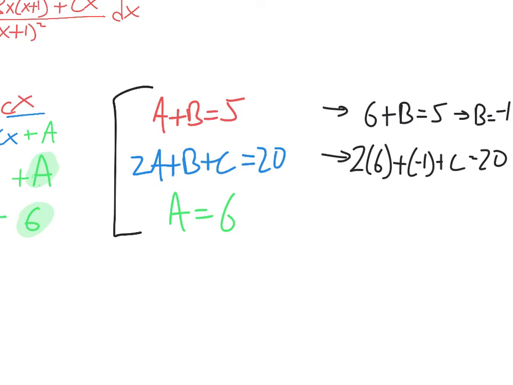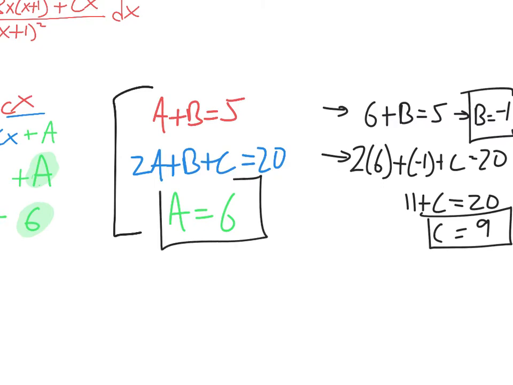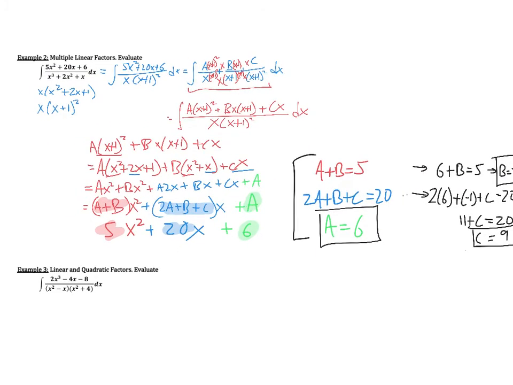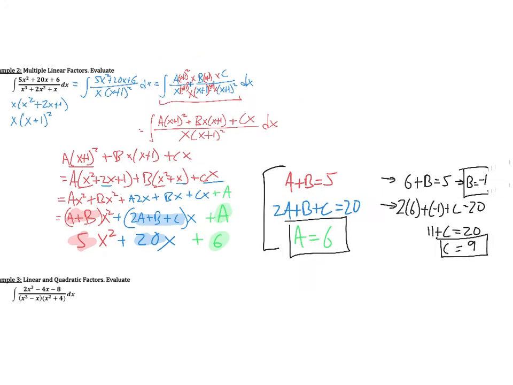So that's 12, 11 plus c is 20. So c is 9. We found a, b, and c. That's what we're going for. So we can plug that back in and solve the integral. That's our ultimate goal, is to solve the integral.